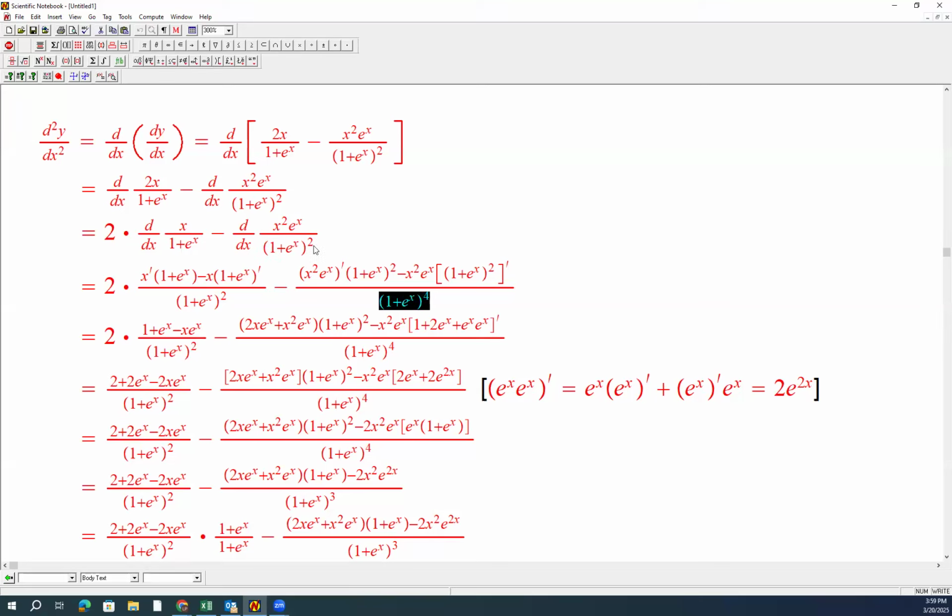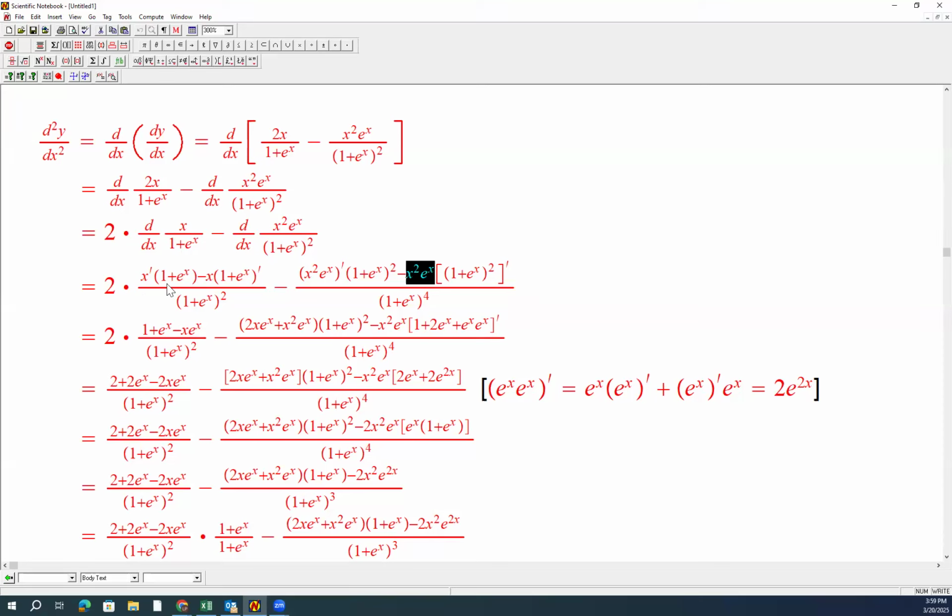Square the denominator, so power 2 being squared again is power 4. Differentiating the numerator, keep the denominator, and differentiating the denominator and keep the numerator. So we're doing two quotient rules in one line.